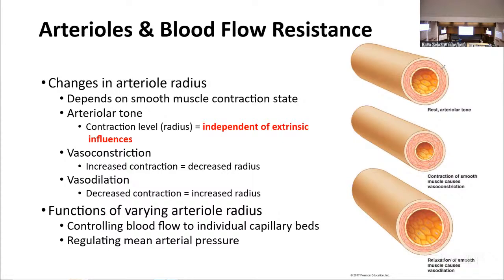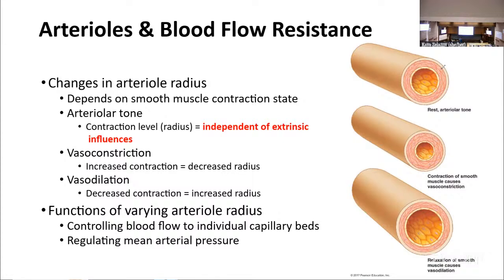But when we get signals, we can constrict. So we can contract that muscle, vasoconstriction, decreasing radius, raising resistance, and therefore lowering our blood flow. We can do vasodilation. So we're relaxing our smooth muscle. When we relax it, our radius gets bigger, which means our resistance gets lower, which means the amount of blood flow goes up.